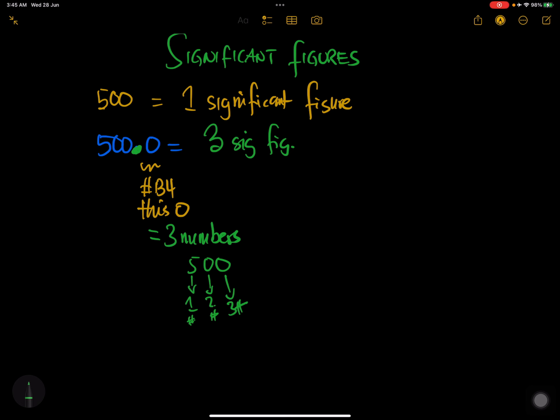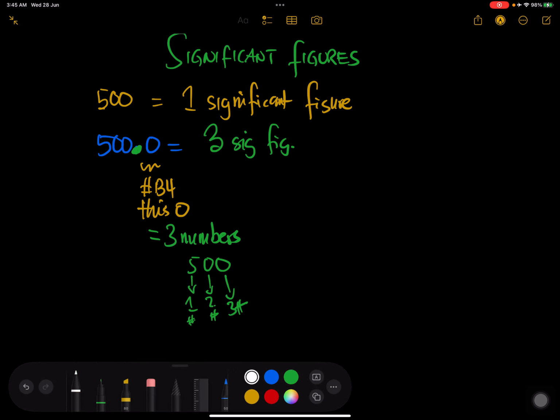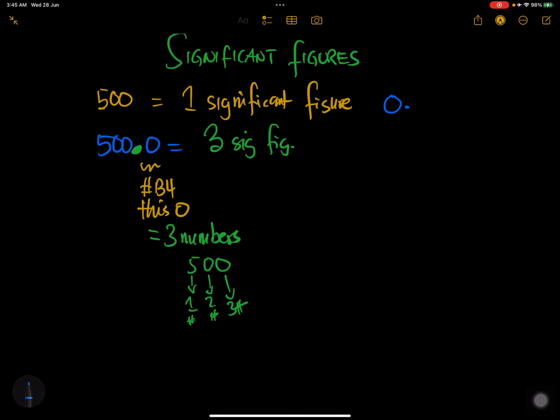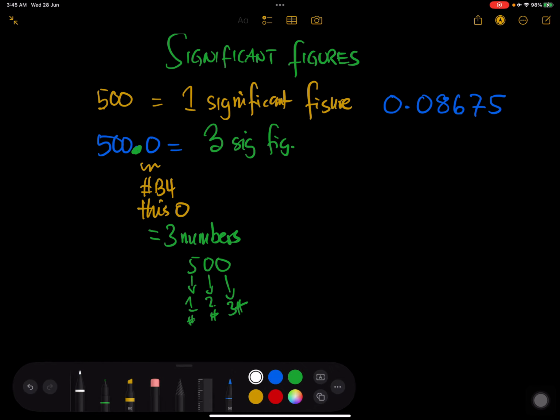Now let's say we have a number, let me use the blue. Let's say we have 0.08675, and we are asked to write it to one significant figure. Now remember, the number after the zero, after the decimal point.